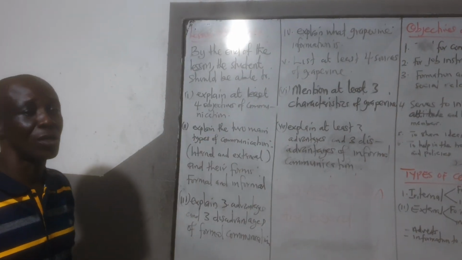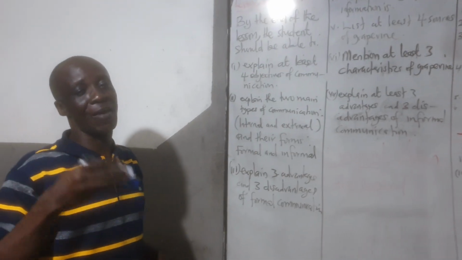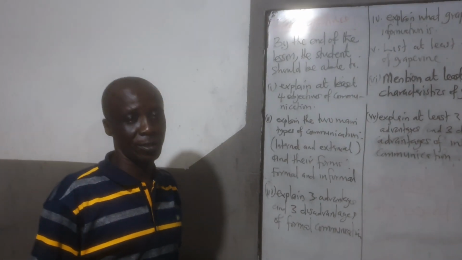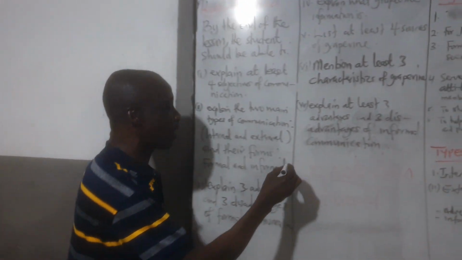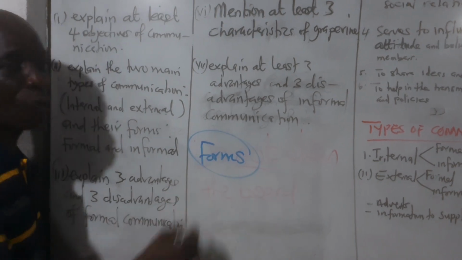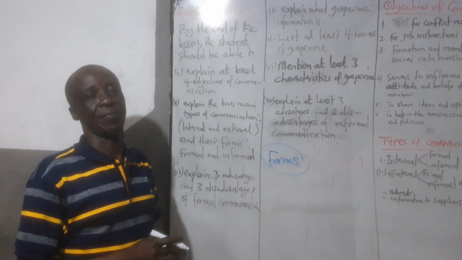Then we also look at the types of communication. Remember, we have learned about the forms. Please take note. We talked about the forms of communication. Now we are going to talk about the types.